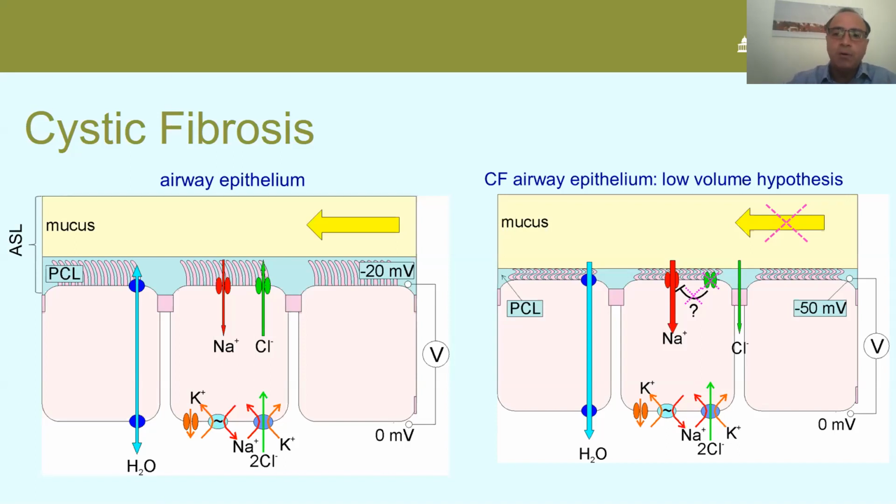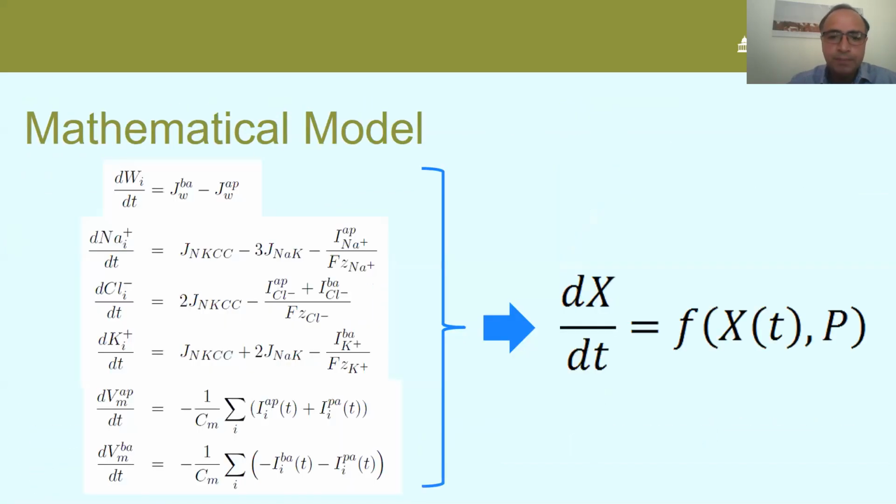If we have that model, and if we can solve it, and then compare the permeabilities of the sodium and chloride channels for a healthy person with those of a person who has cystic fibrosis, we might be able to draw some conclusions. Let's see, can we?